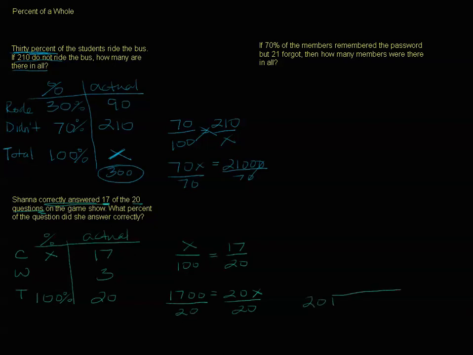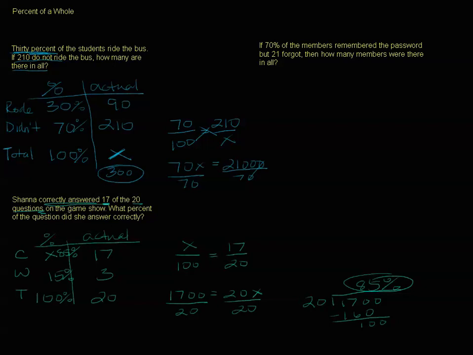So 20 into 1700 is going to be 8, then 5, so 85%. So they got 85% correct. That means that if this is 85%, what percent did she get wrong? 15%, because these two have to equal 100.